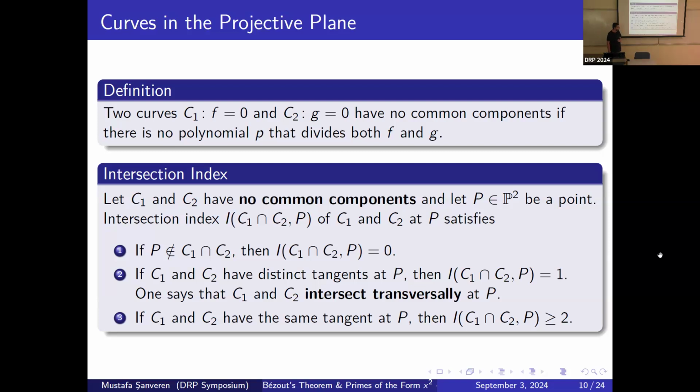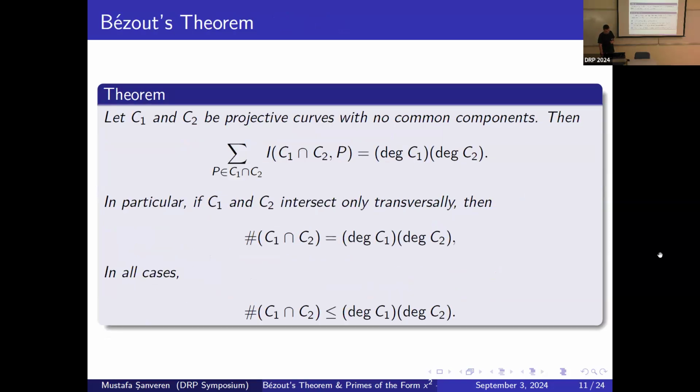If C1 and C2 have distinct tangents at P, then the intersection index is equal to 1, and we say that C1 and C2 intersect transversely at P. And if C1 and C2 have the same tangent at P, then their intersection index is greater than or equal to 2. And here's Bezout's theorem.